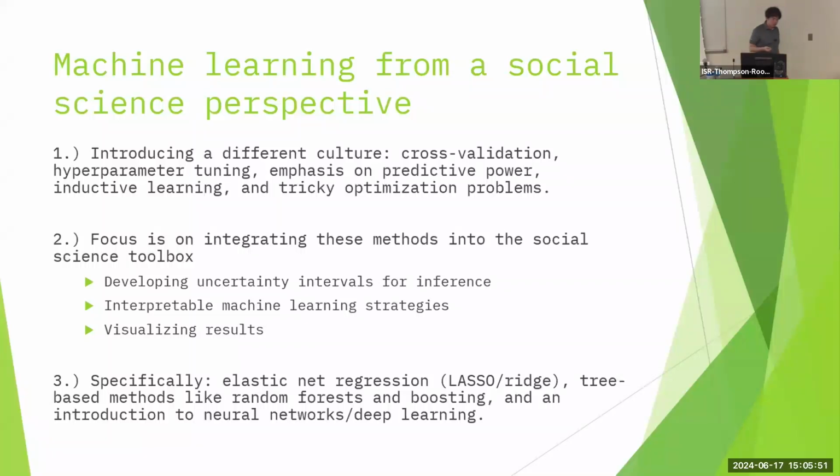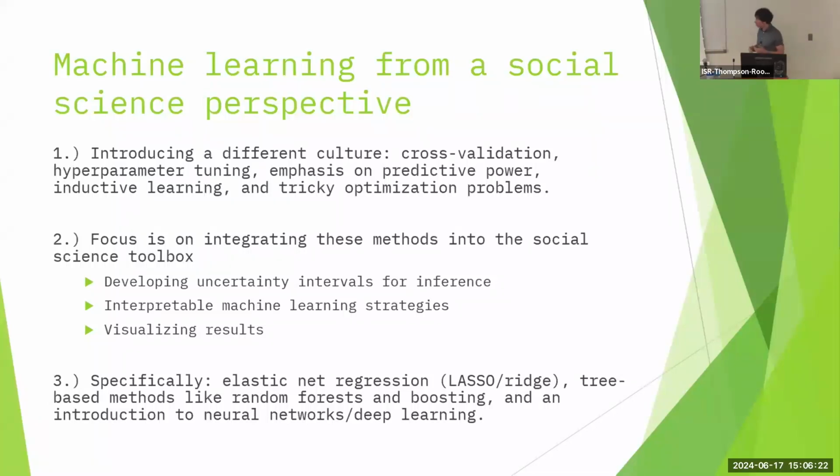Okay. That being said, the focus is also on how we use these methods in a very applied setting. So not a tremendous amount of math in this course. There's going to be more focus on conceptual aspects of these methods, but always with an eye towards applications, right? How do we actually fit this into the mold of the social science questions that we actually care about, in a way that you don't always get with machine learning workshops.